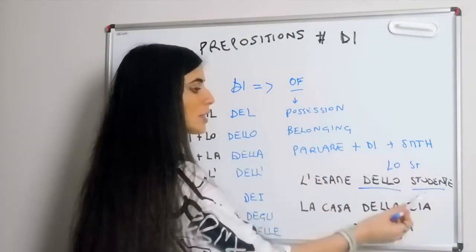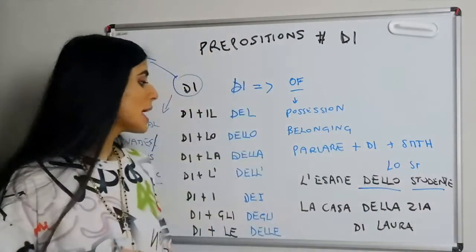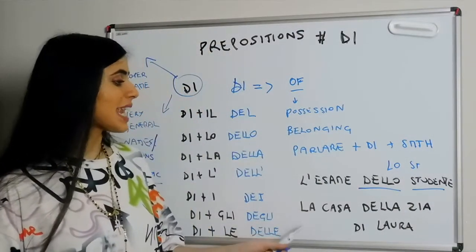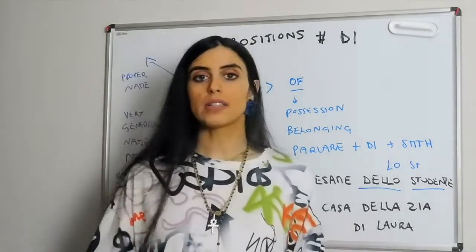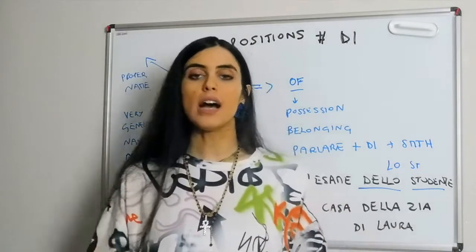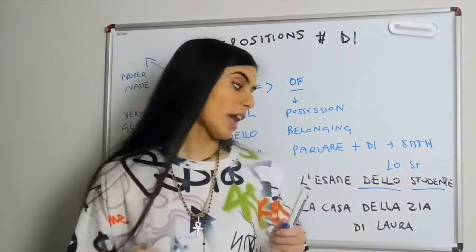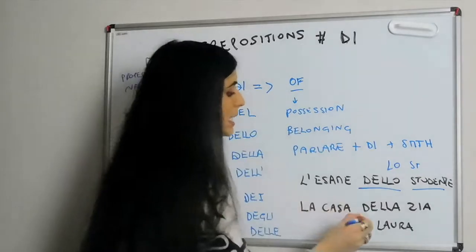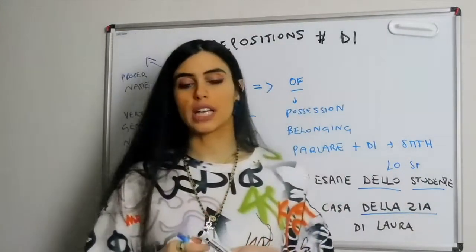L'esame dello studente, we are individuating one specific student we're talking about. And then a second example is La casa della zia di Laura. In the assumption that Laura has one zia or multiple zia, actually multiple zie, but we are specifically referring to one of them, and so we're going to have La casa della zia, because that individuates one specific individual.